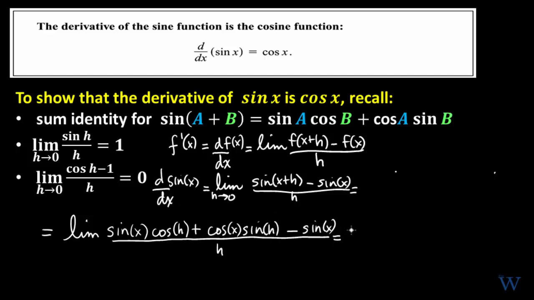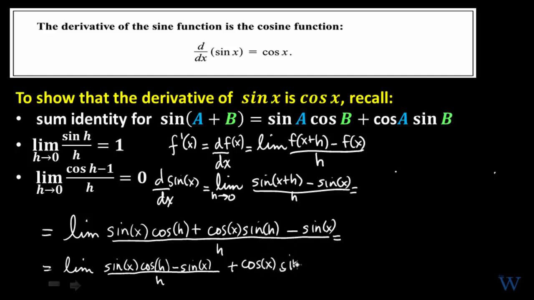It's equal to the limit of, I'm going to rearrange, so sine of x cosine of h minus, I'm going to put this together, minus the sine of x, and then separate them into two fractions over h. And then of course we got this one too, so plus cosine of x, and then we have sine of h, the whole thing divided by h.